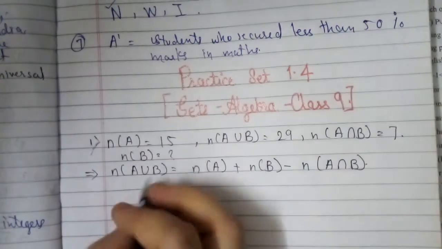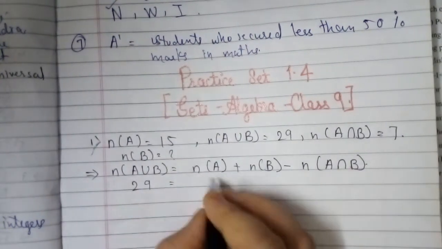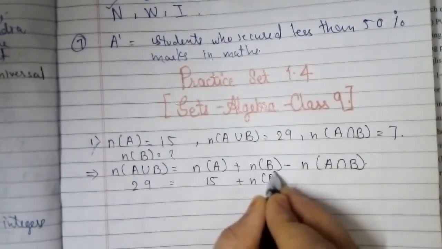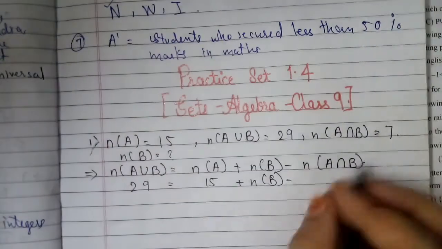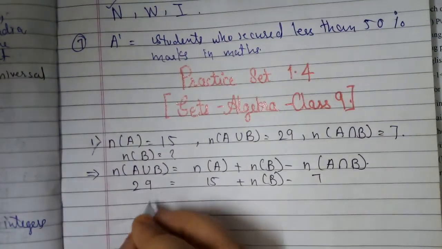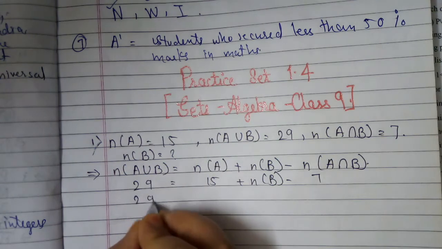A union B value is 29, set A value is 15, and n of B we will write as it is, and the value of the intersection is given, that is minus 7.